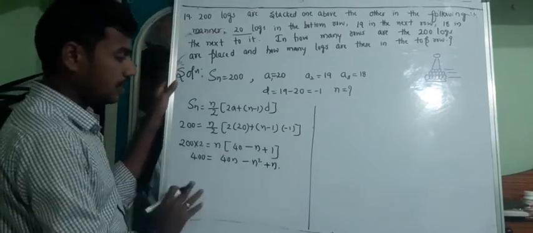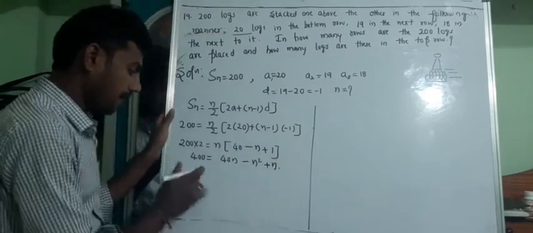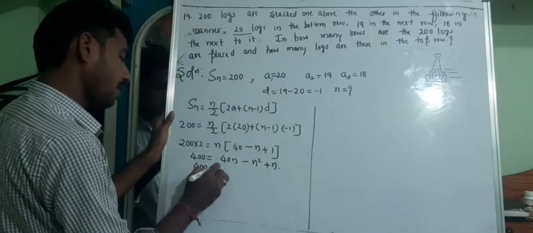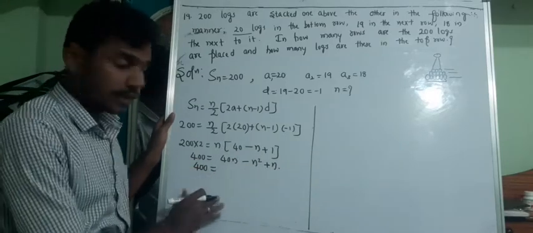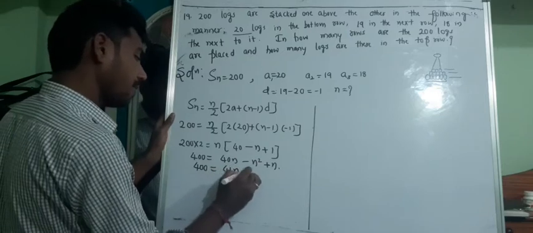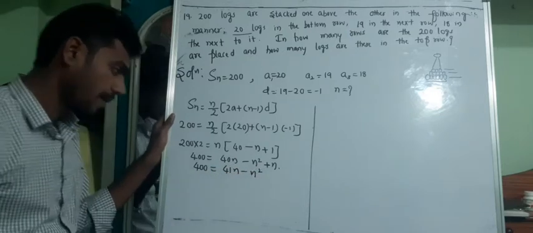Okay, n into 1 is, sorry, n. So 400, 40n plus n is nothing but 41n minus n square.